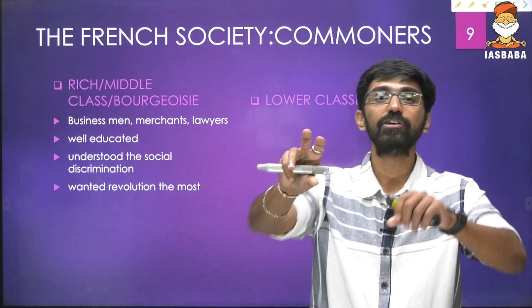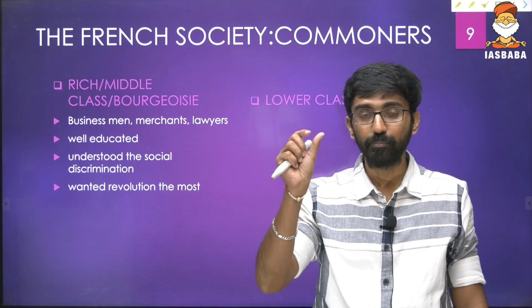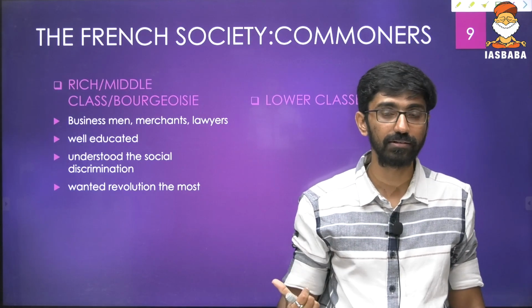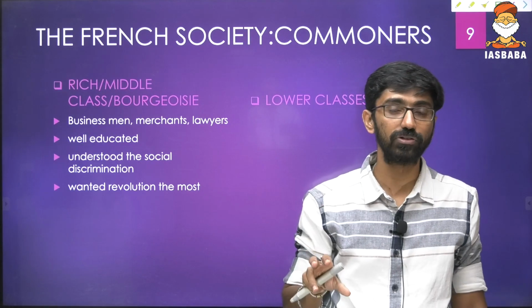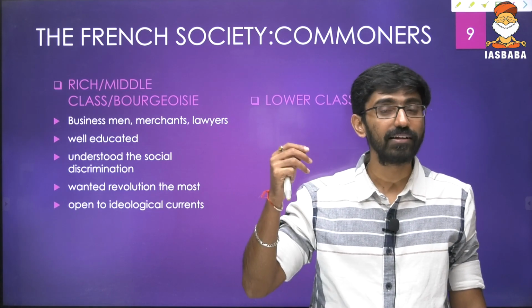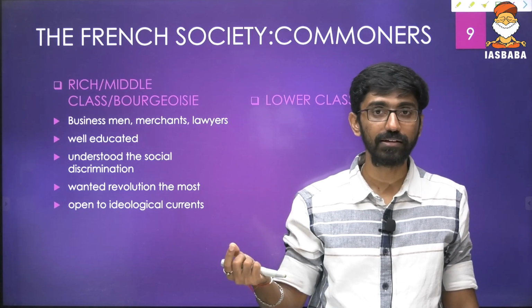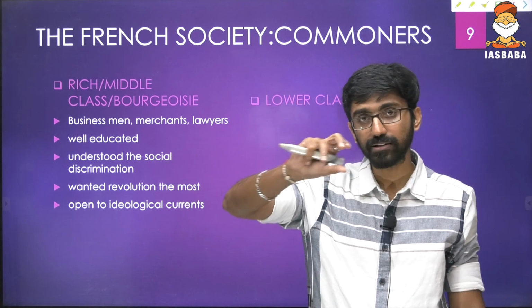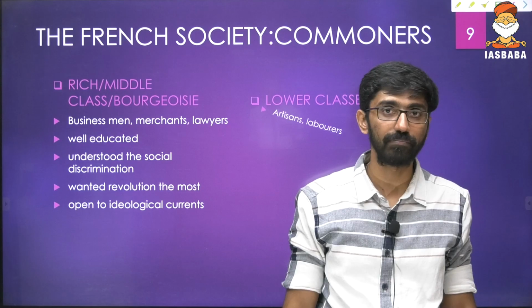There was a lot of discrimination between privileged classes and underprivileged classes, and they wanted revolution the most, and they were open to new ideologies. What are those new ideologies? Liberalism, democracy, fraternity, equality. They became the torch bearers of these particular slogans. We will come to that.